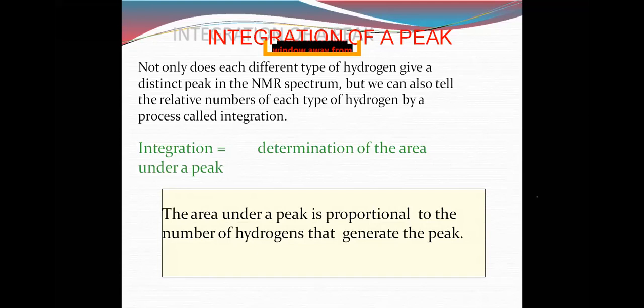The area under the curve of a peak is proportional to the number of protons that generate the peak. Getting the point? If the peak is high or wide, the area under the curve will be more, which means the similar types of protons will be more.